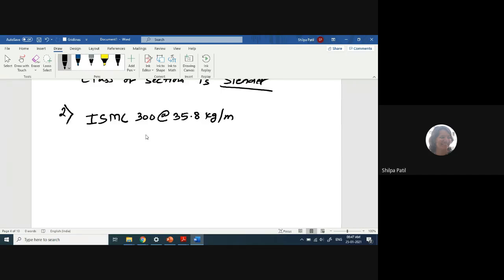ISMC, its long form is Indian Standard Medium Weight Channel Section. So now we are finding the class of channel section.